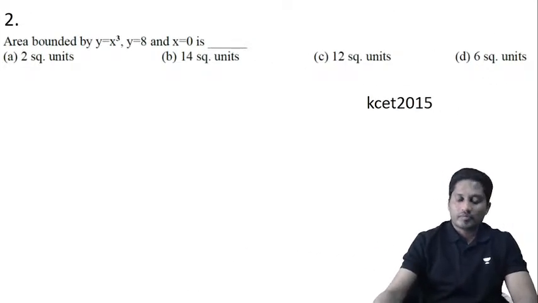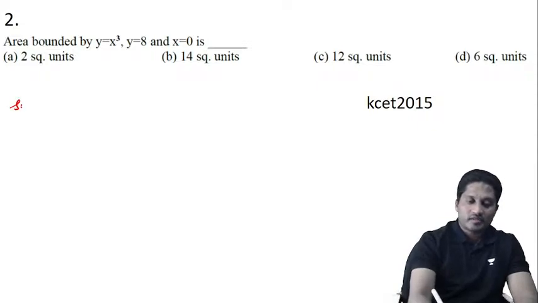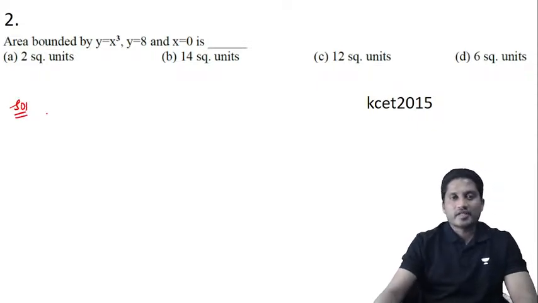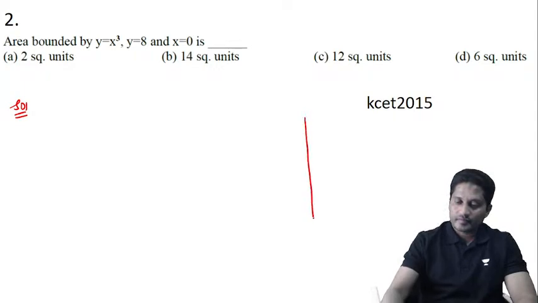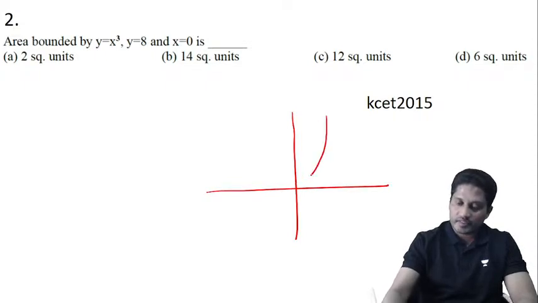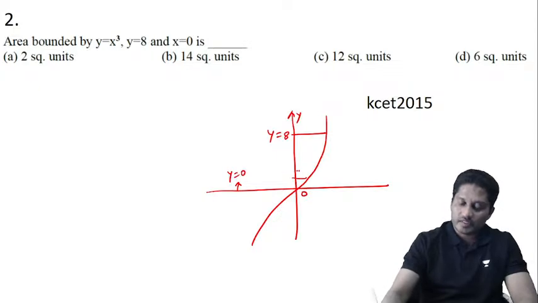Now you have to do the problem. 2015 question. y is equal to x cube is a cubic function, from y is equal to 0 to y is equal to 8. This area I'm supposed to find out.